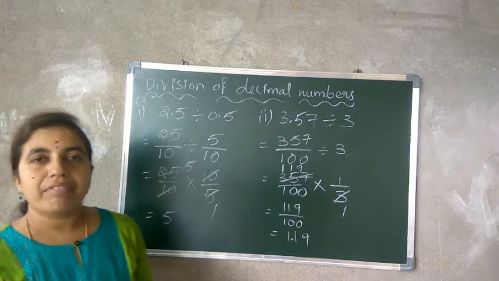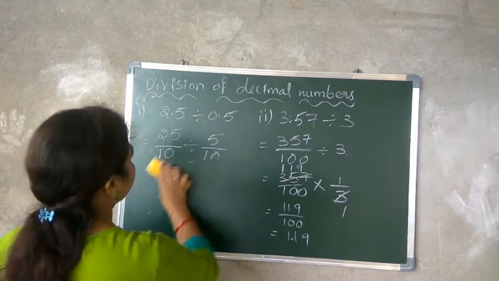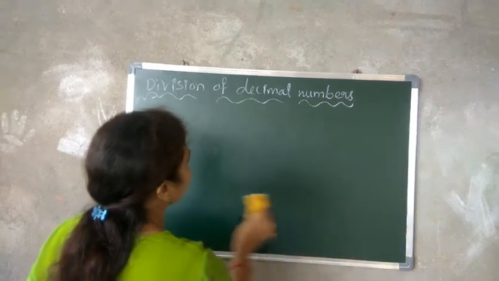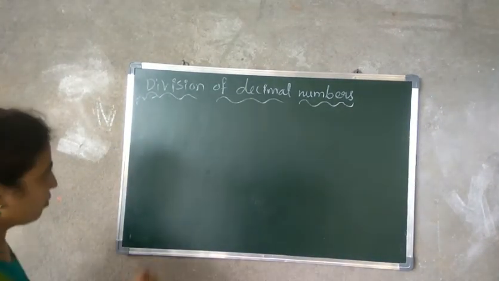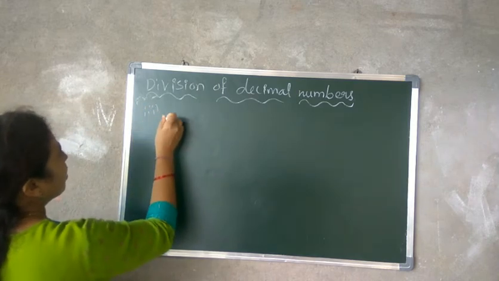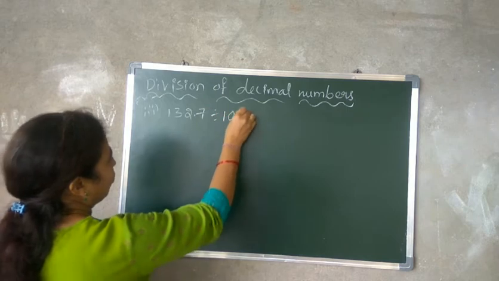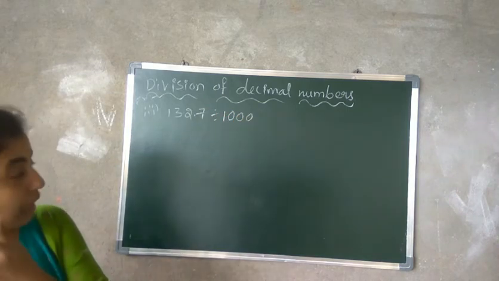Okay, if they have given tens or hundreds, how will you do that one? That is also the same process. I will explain that in 2 more examples. One, 132.7 divided by 1000.